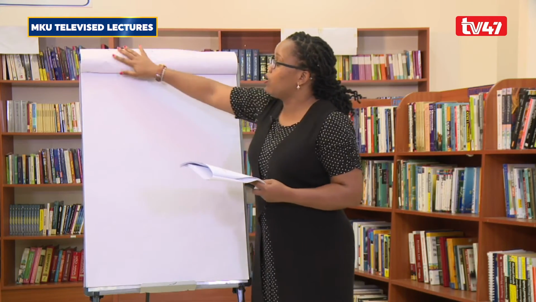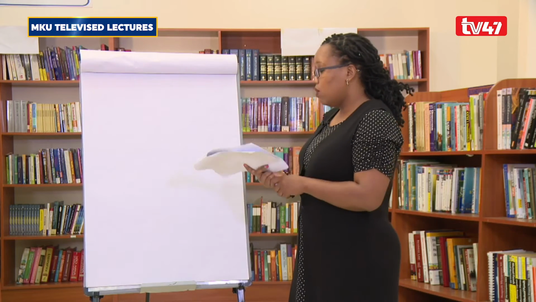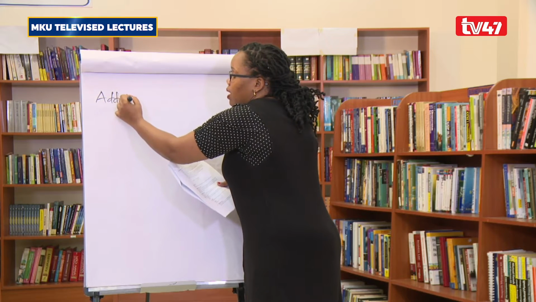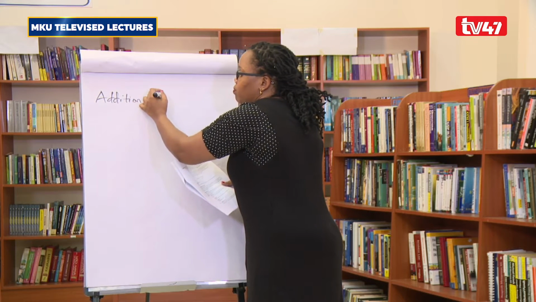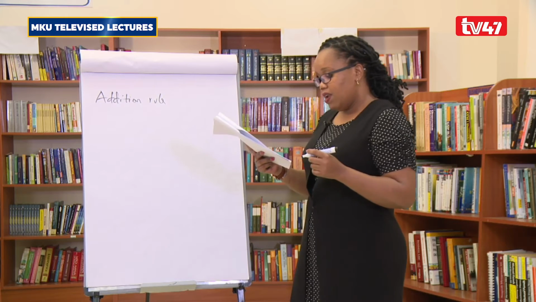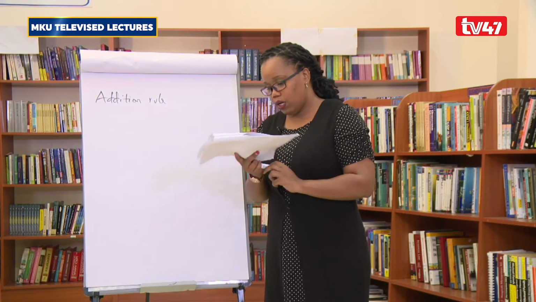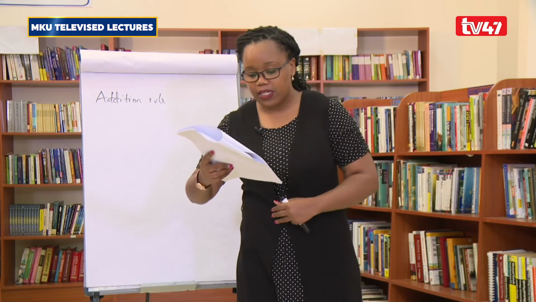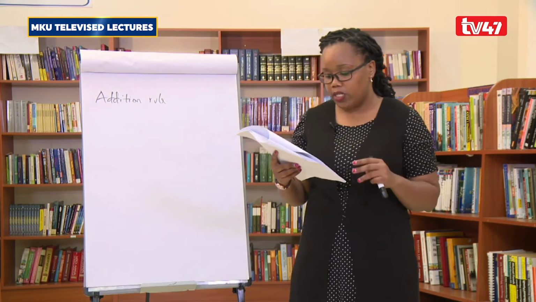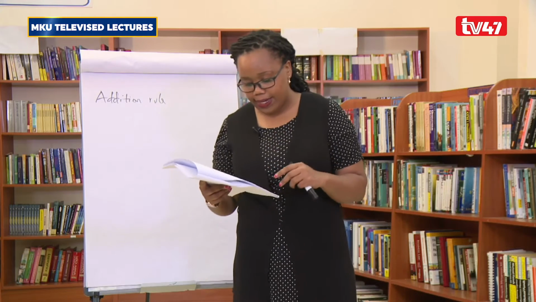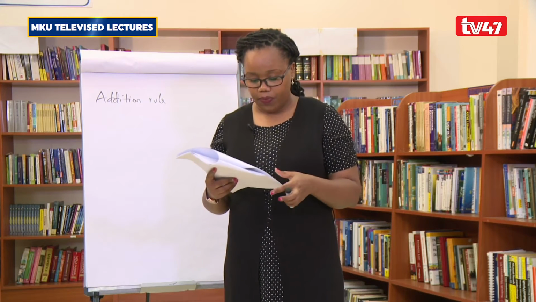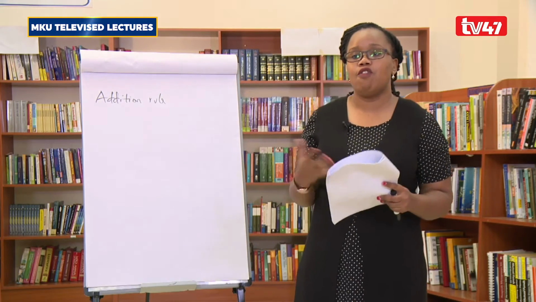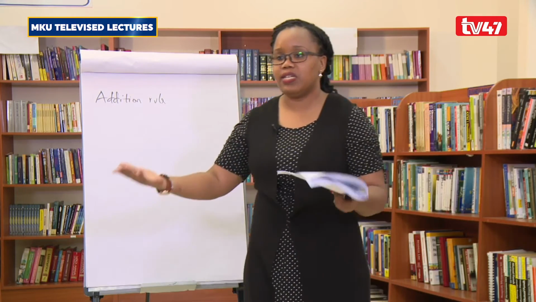the first rule. The first rule is what we call the addition rule. Now, what does the addition rule mean? We are told that this rule is used to calculate the probability of two or more mutually exclusive events. Now, probability questions tend to be formulated as sentences.